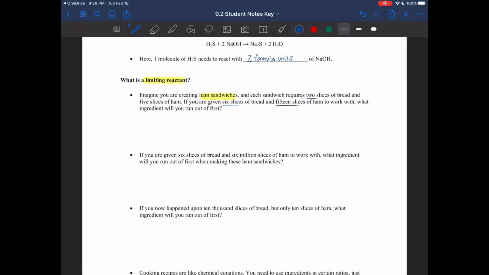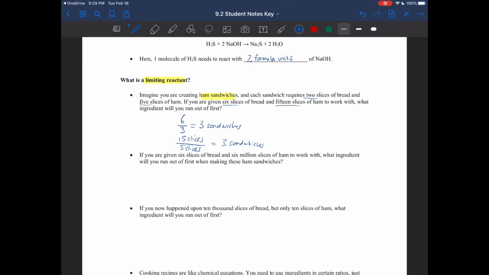And 15 divided by 5 would be 3 as well. So 6 divided by 2 gives us 3 sandwiches, right, based on the bread. And 15 slices of ham divided by 5 slices needed per sandwich gives us 3 total sandwiches possible. So it turns out neither one of these ingredients is going to limit us here.